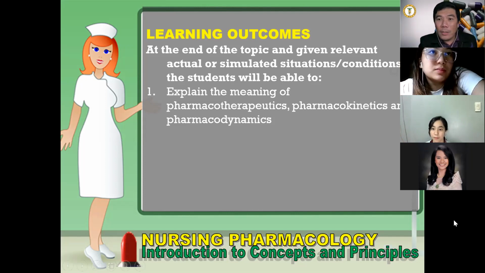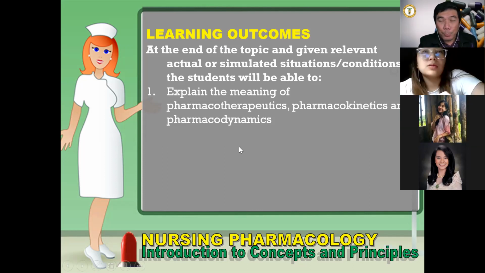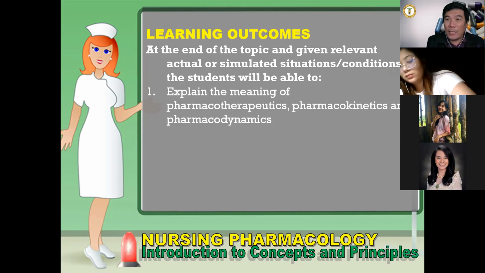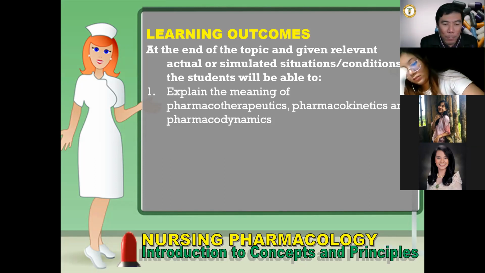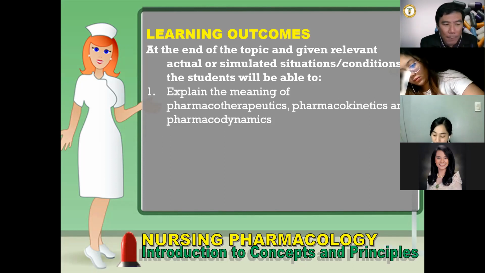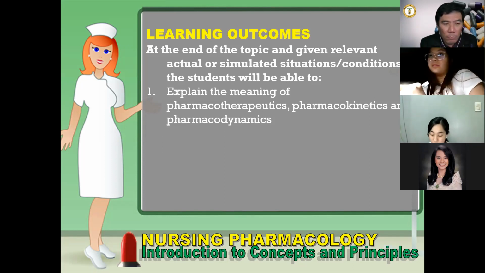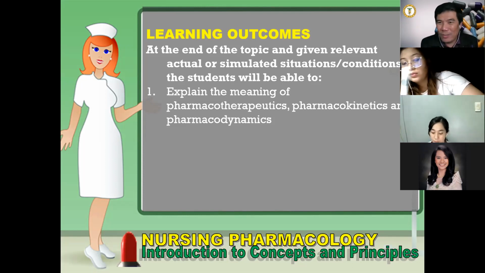So if those are not side effects but untoward effects of the drug, these are classified as adverse reactions or adverse effects. Sir, how about toxic effect? Another example of adverse reactions are allergic reactions.